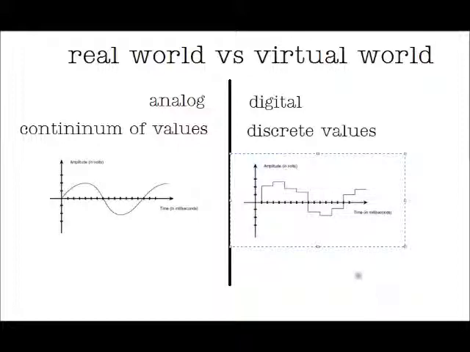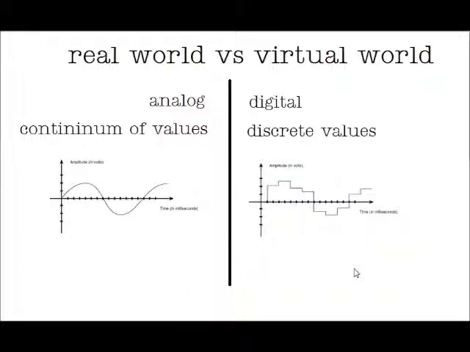In the discrete world, you see jumps in values. For example, 0 to 2 here. This is because there is no other quantity that can be represented in between. The smallest step here is from this value to the next, nothing else in between. So this is how a digital signal may be represented.